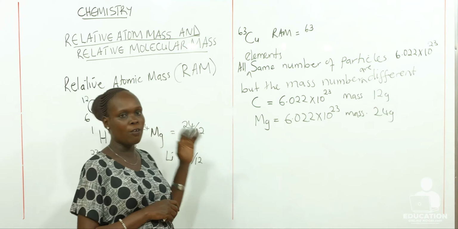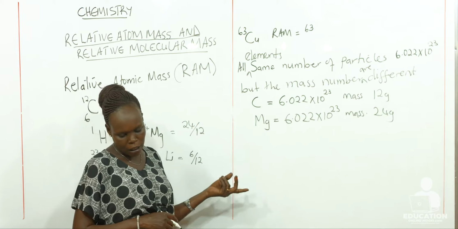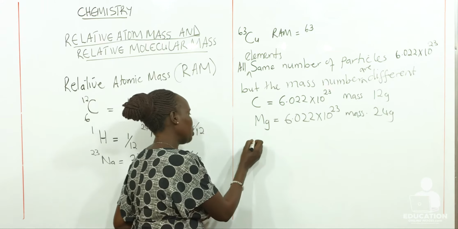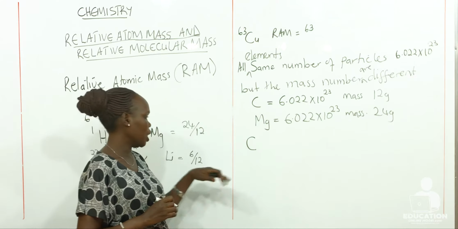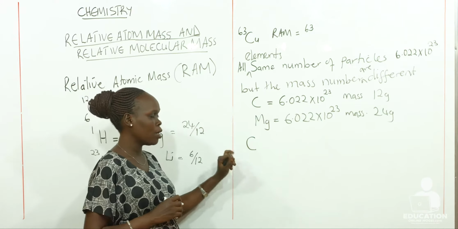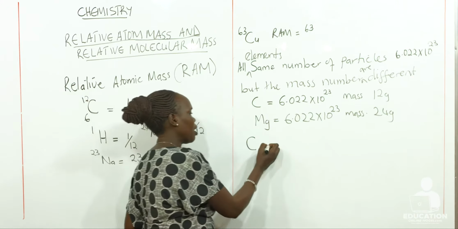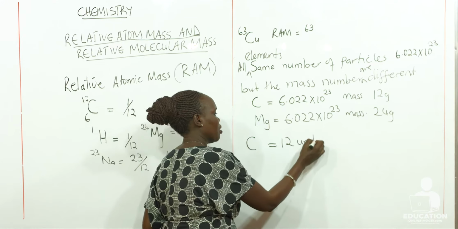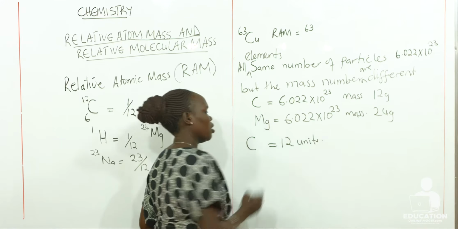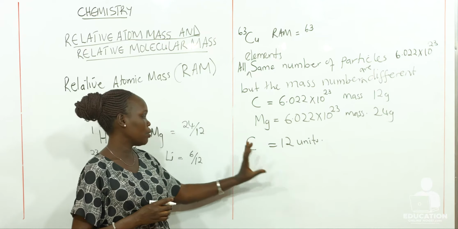So here, for example, you are given carbon. Why do we choose it as the reference element? Here we say that carbon has 12 units, which we refer to as the mass of carbon, but we take it as 12.